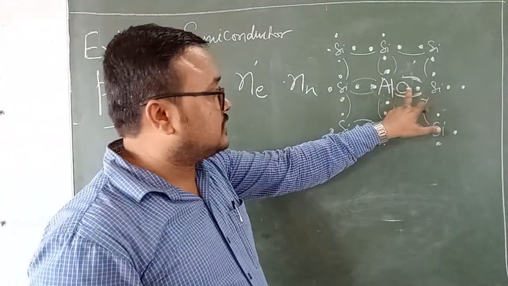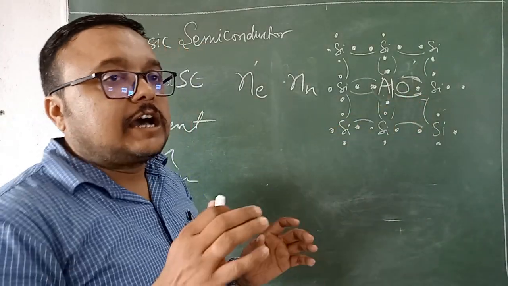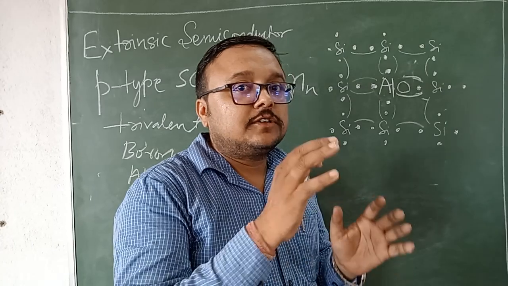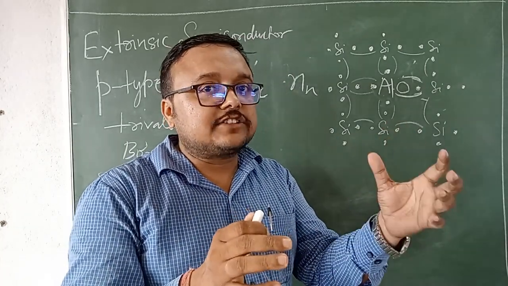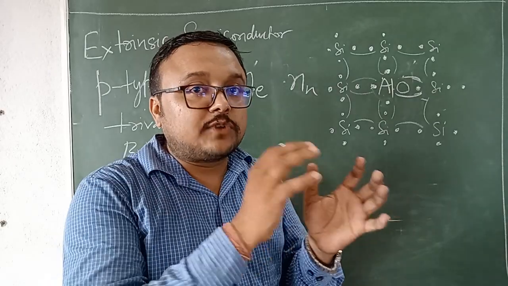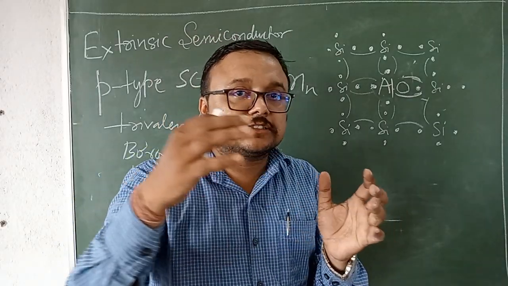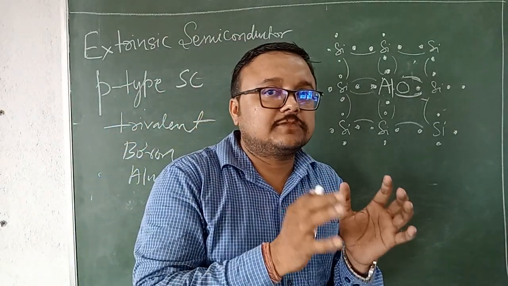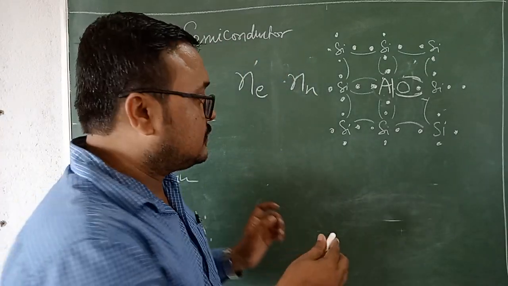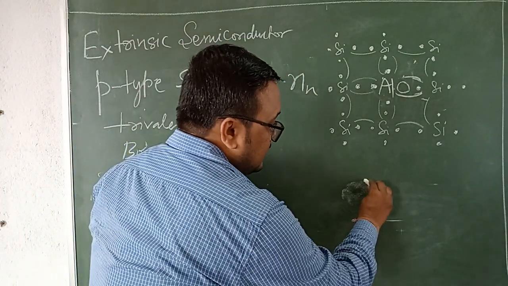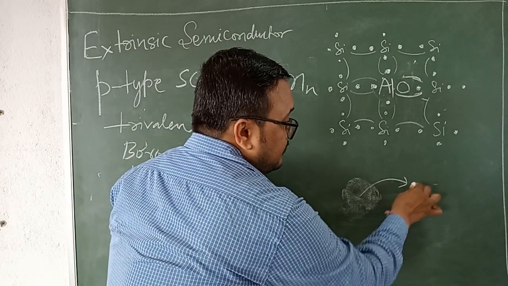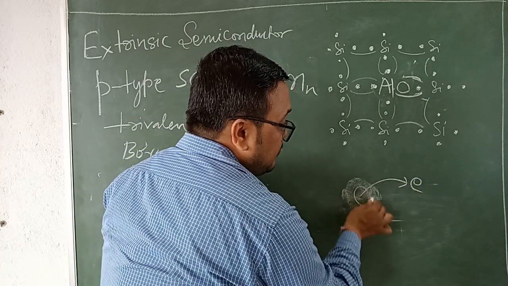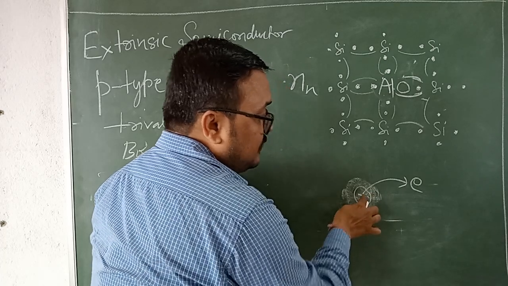This is not a hole, because a hole is the absence of an electron from a neutral place, where there is a generation of positive charge. Means if an electron jumps out from a neutral place, then it becomes positive, and there is an absence of electron.